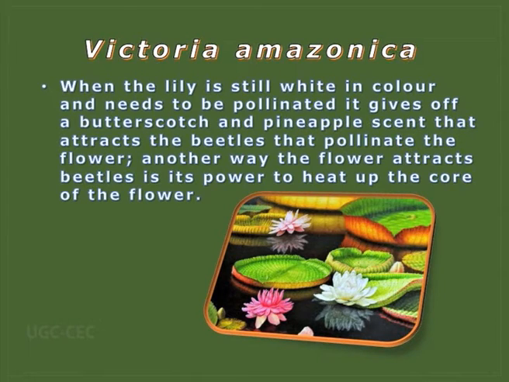This lily is pollinated with the help of beetles, and when it wishes to undergo pollination, it starts secreting a butterscotch smell, and this smell invites the beetles to pollinate this Victoria amazonica, and moreover it provides some extra heat, which is again a lucrative offer for the beetles.